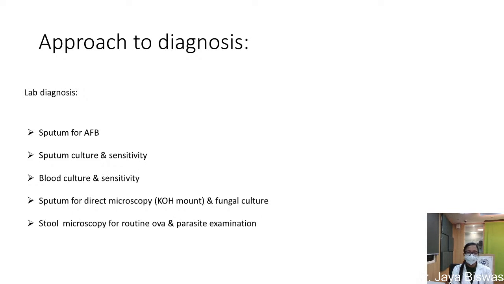Then we centrifuge the sample at 3000 rpm for 3 minutes, and after centrifugation the supernatant will be discarded and we'll take the sediment and add 7 ml of formal saline and 3 ml of formal ether to this sediment, and this will be centrifuged again at 3000 rpm for 3 minutes. Then we'll again discard the supernatant and use the sediment to prepare an iodine mount and look under the 40x and oil immersion.